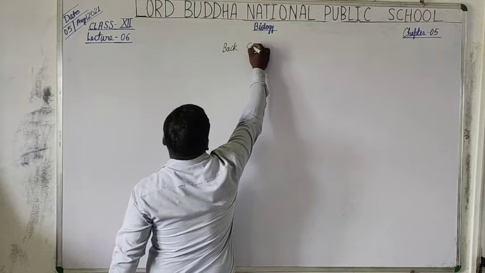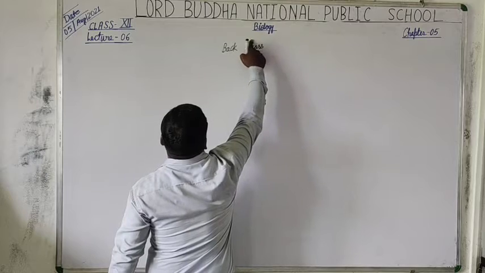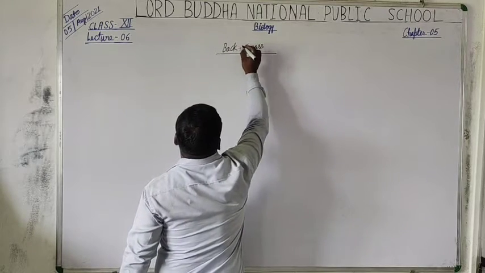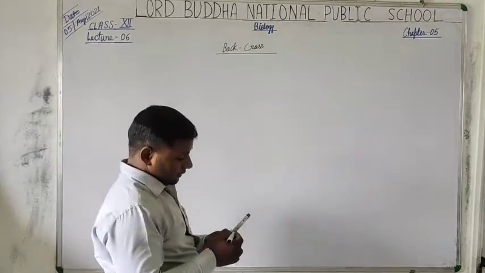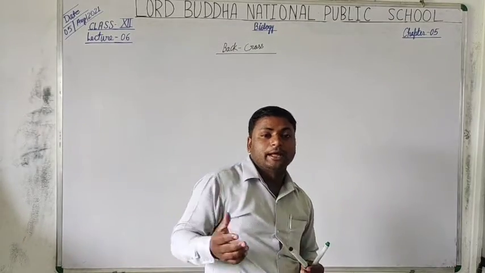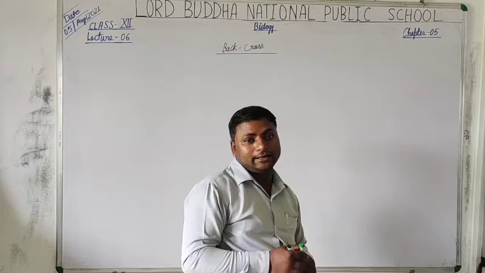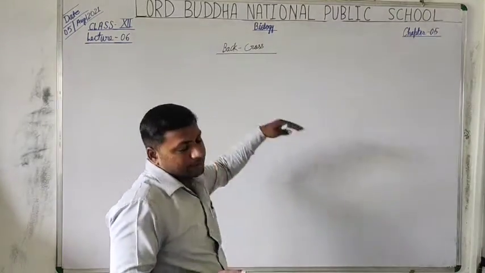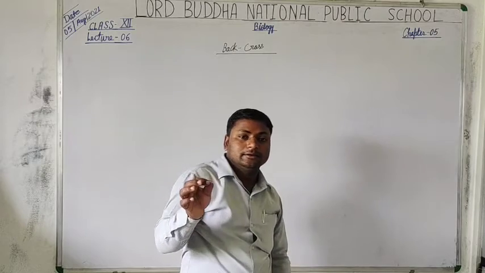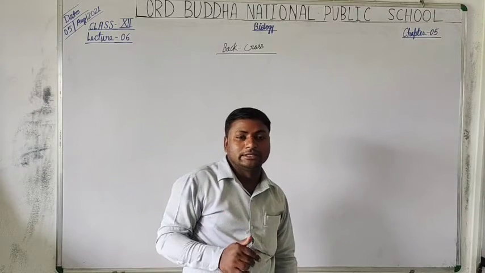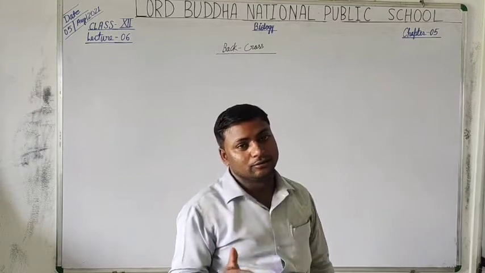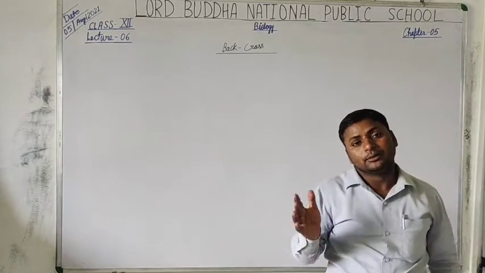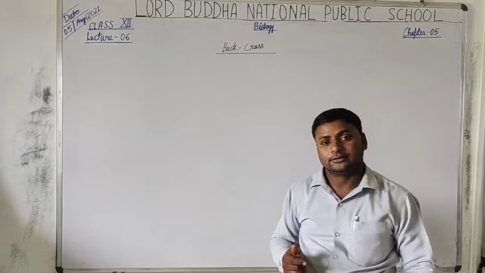Students, back cross, as is clear, it is just back. Then what is the back here? The back cross is choosing or selecting the individuals of the F1 generation and crossing them by the artificial method of hybridization with the parental generation.